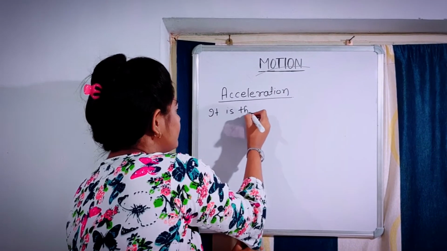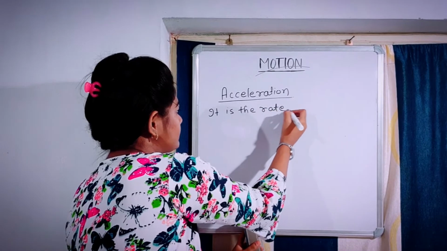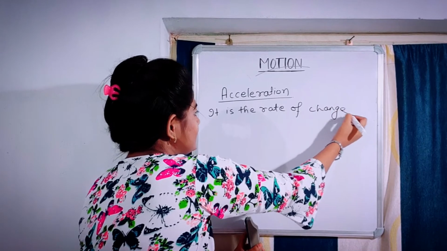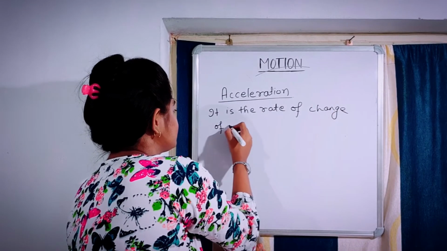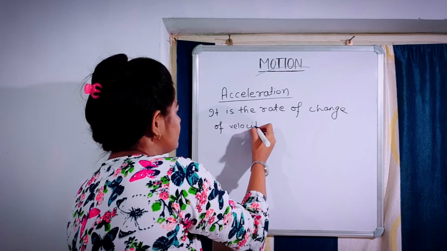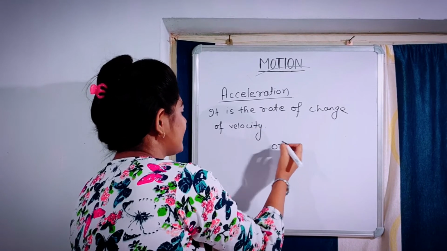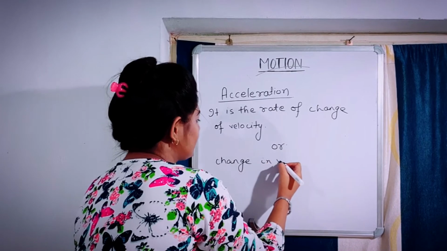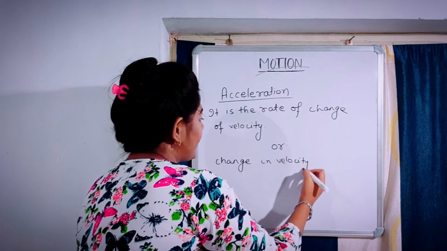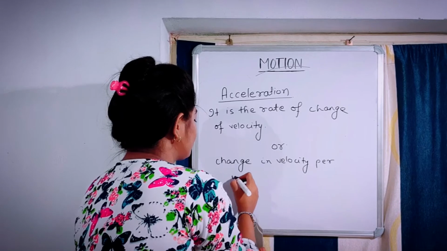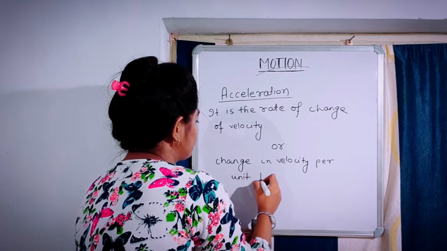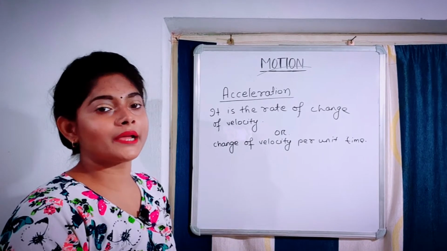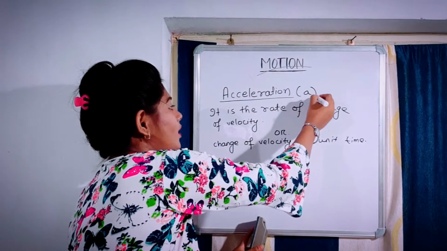It is the rate of change of velocity, or you can say change in velocity per unit time. Acceleration is denoted by the symbol small a.